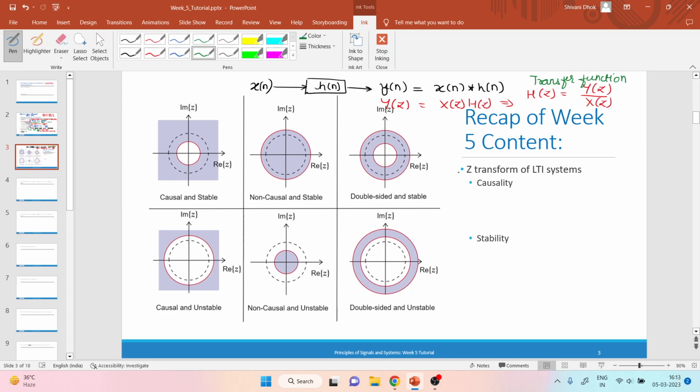And the properties of region of convergence for causal and stable systems were discussed. So for causality, it was seen that h of n is equal to 0 for all n less than 0, which means that this h of n is right sided.